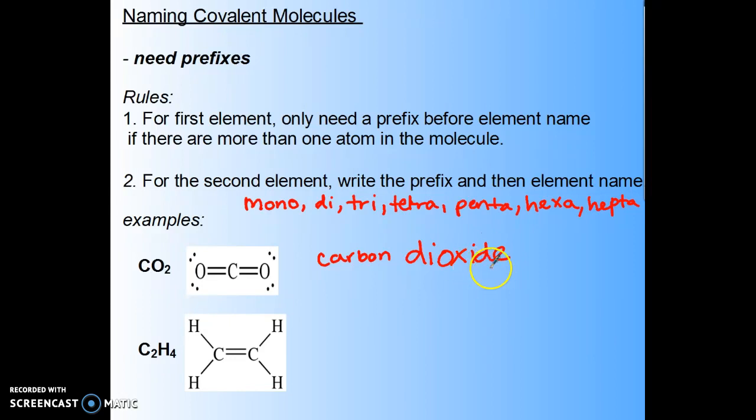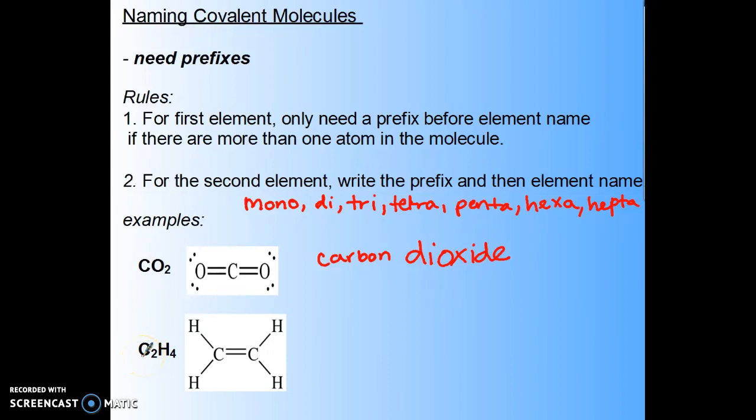Okay, so we're still ending in "ide" the way we did with our ionic compounds. The only difference here is that we always need a prefix for the second element or any others beyond the first one, and we'll only need a prefix for the first one if there's more than one. So let's look at the next compound. In the next compound, we've got 2 carbons, our first element in the compound.